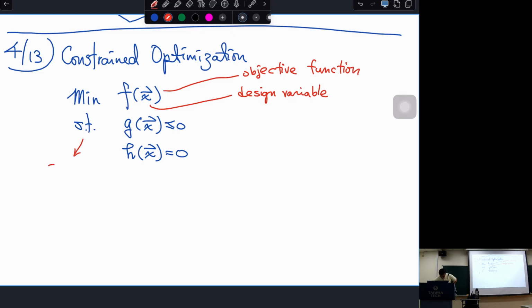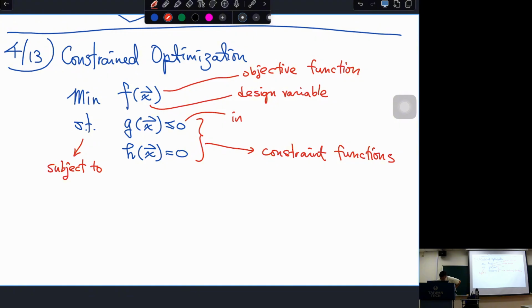This means subject to. Subject to means limited by. Okay? And these two are called the constraint functions. Okay? And this one is called the inequality constraint.